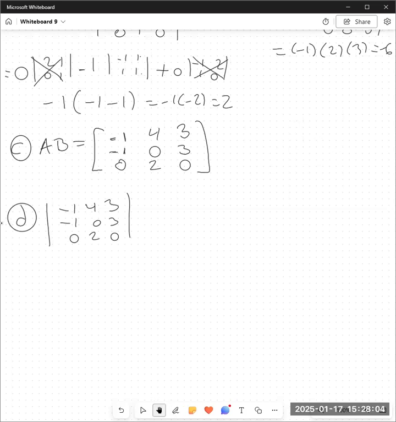All right, so I can go ahead and expand on this bottom row here using minors and cofactors. So that's 0 minus 2 times the determinant of negative 1, 3, negative 1, 3.